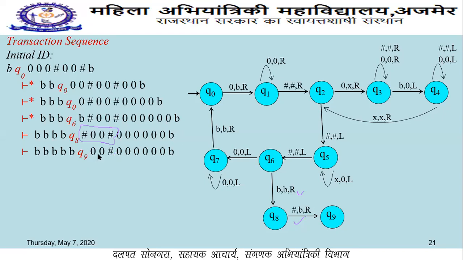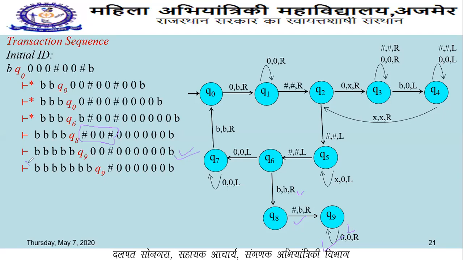When we read 0 at q9, we know this 0 needs to be overridden by blank. Here we apply this transition function two times at this sequence.